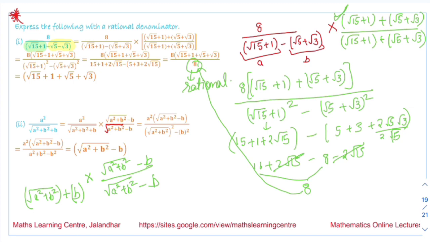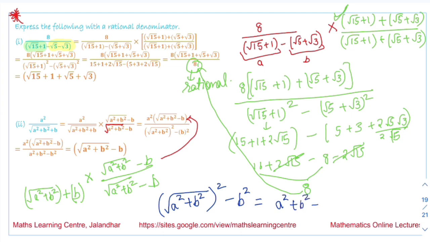When you multiply these terms, the numerator will come into this form, and in the denominator the formula will be square root of a square plus b square, whole square, minus b square. So you will get a square plus b square minus b square. So the denominator you are left with is a square. So this is how we can rationalize the expressions.